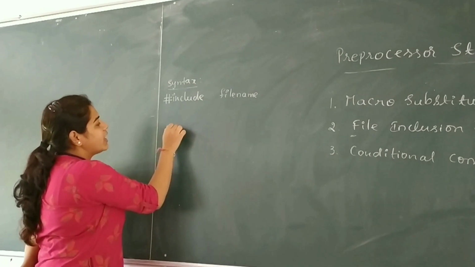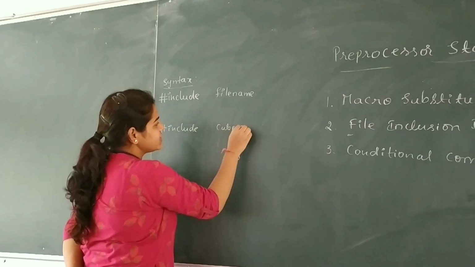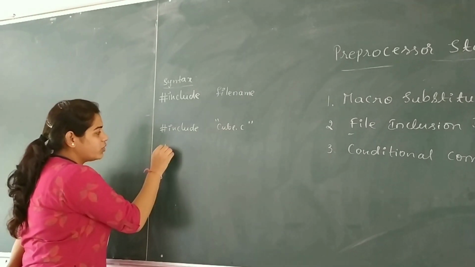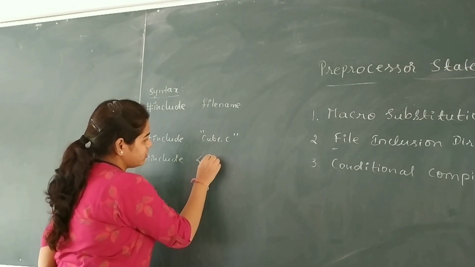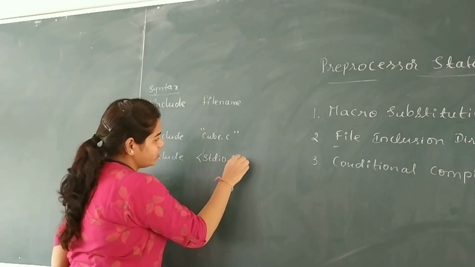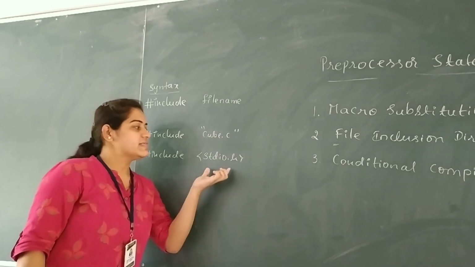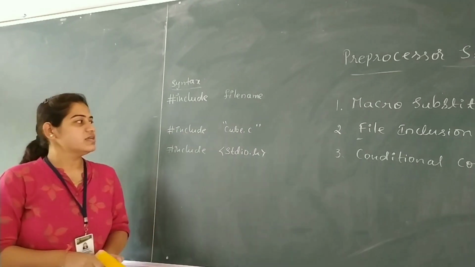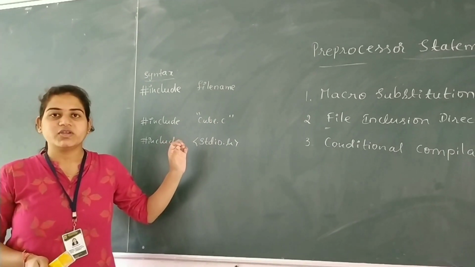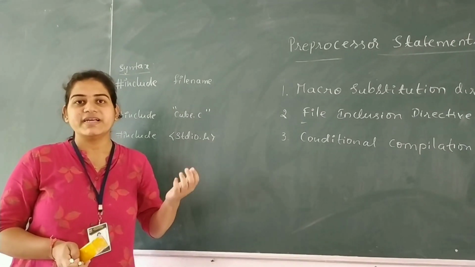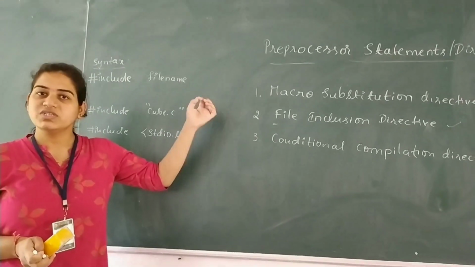For example, hash include stdio.h. I will tell about the difference between this declaration and this declaration in the coming discussion. So we use the file inclusion directive when we want to insert external files which consist of functions or macro definitions.